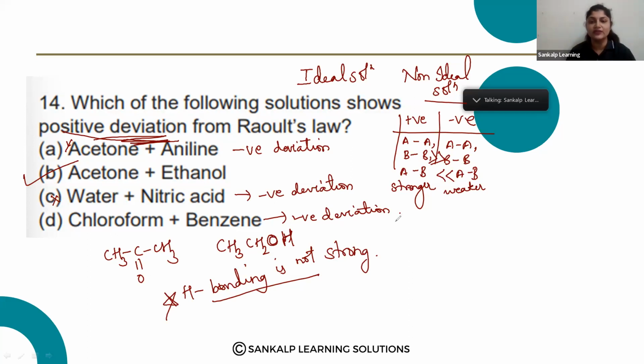In case of negative deviation, the solute-solute and solvent-solvent interaction is weaker as compared to the solute-solvent interaction. Based on that, acetone and ethanol will show positive deviation based on Raoult's law. So B is the correct answer. We'll go for the next one.